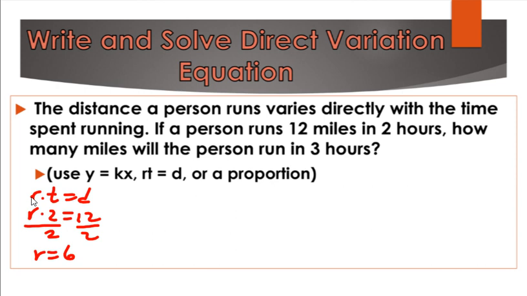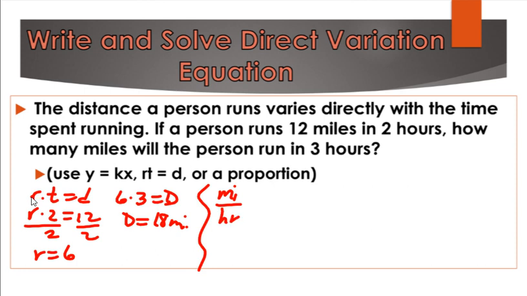So if I put that back in my equation at a rate of 6, and they run for 3 hours, what's our distance? Our distance would be 18 miles. So that's using rate times time equals distance. If you were to set up as proportions, you can do it as miles over hours equals miles over hours.